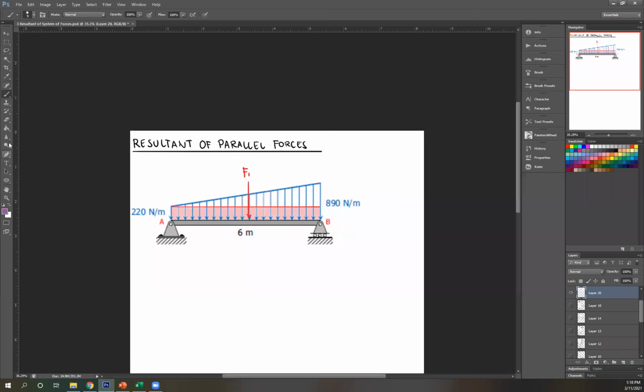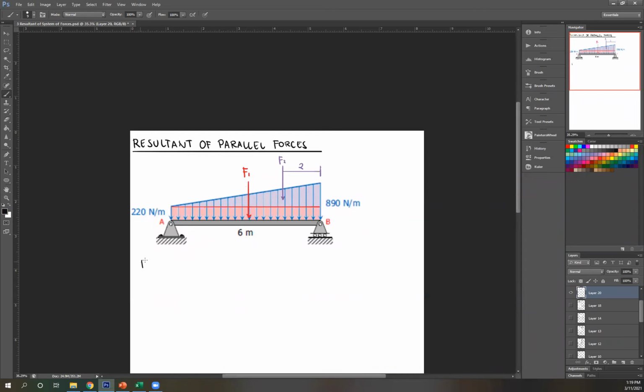Use another color for your triangle. Okay, and then its center is somewhere here. Let's call that F2. And the distance from the higher end is L over 3. So 6 over 3, that's 2. And then obviously this distance is 3, right?